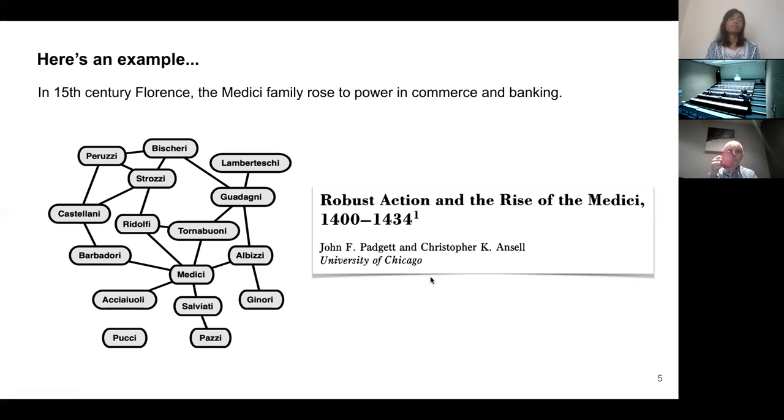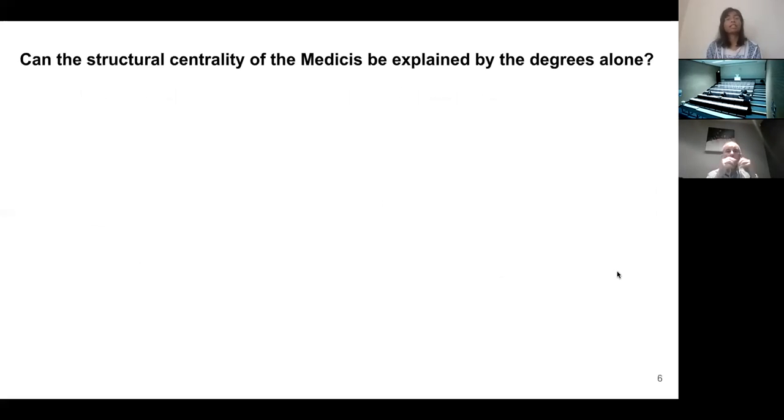So since Padgett and Ansell give the network explanation of the Medicis being very central in the network, and that they leveraged this central position in terms of information flow, in terms of business deals, and political relations, we're going to ask the question whether the structural centrality of the Medicis can be explained by the degrees of the Florentine network alone.